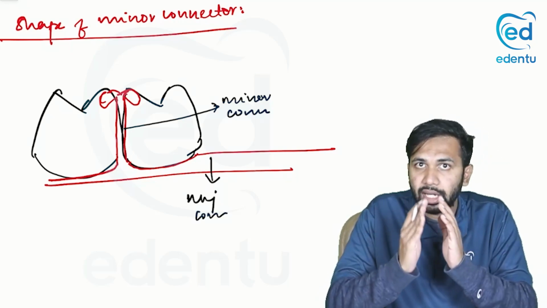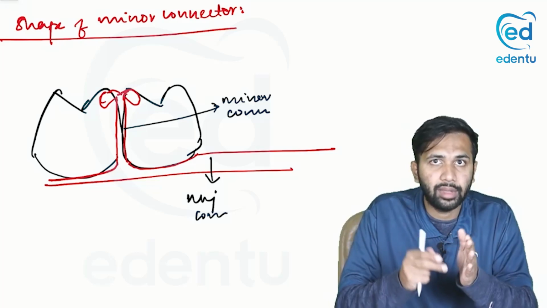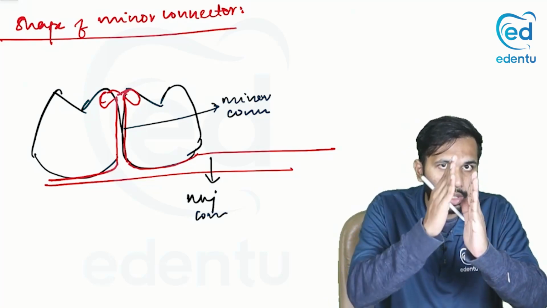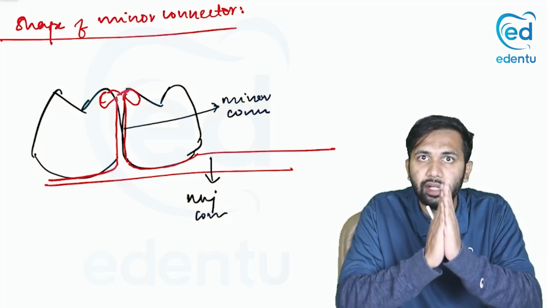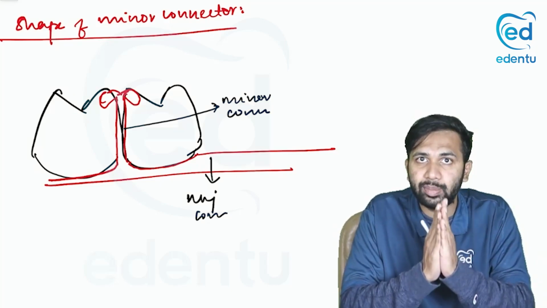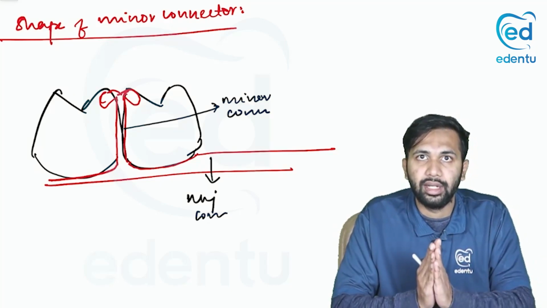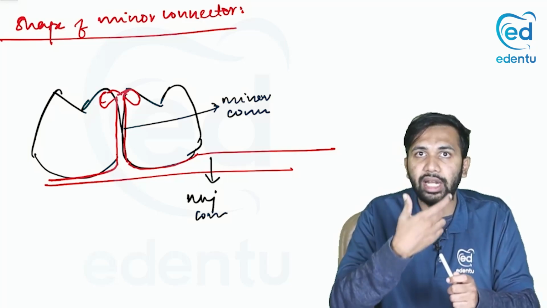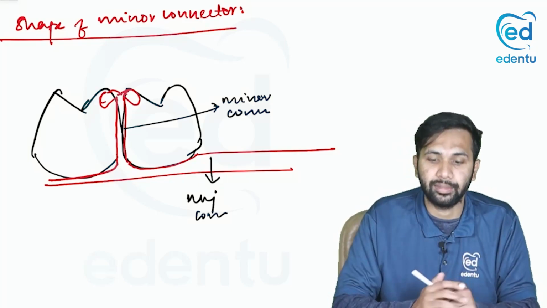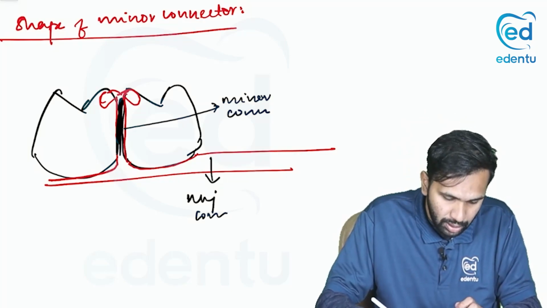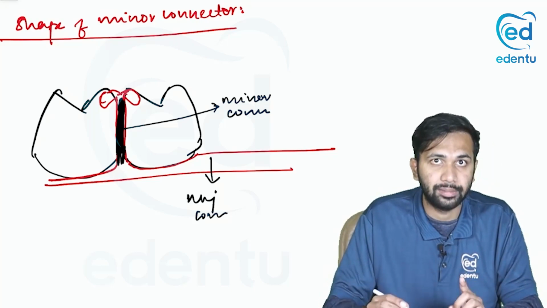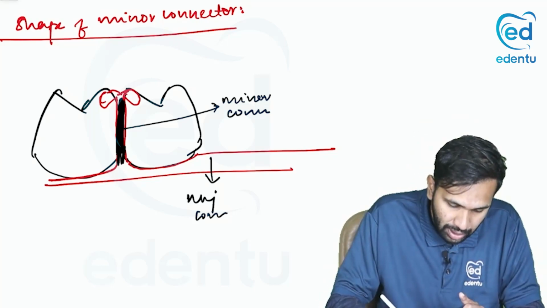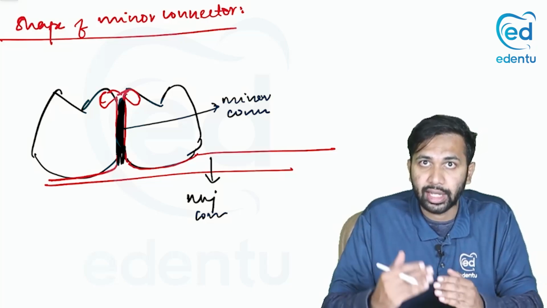Right. So the minor connector goes parallel to the long axis of the tooth and exerts a horizontal pressure. So it should be as inconspicuous as possible. By which I mean, when the patient is smiling, you should not see the minor connector. It is present between the crowns. Just imagine you're seeing this metal when the patient smiles. It is not aesthetic. So it should be as inconspicuous as possible.